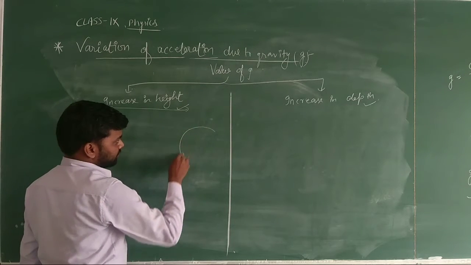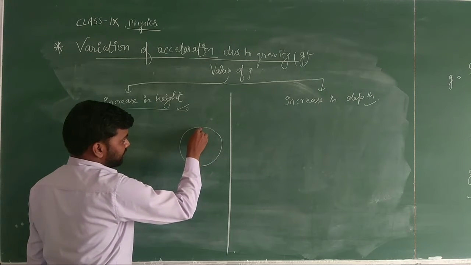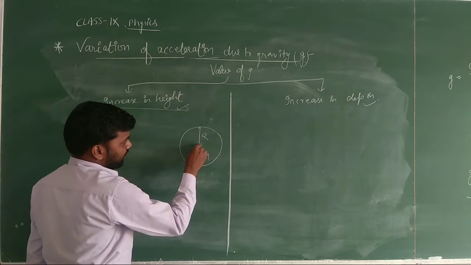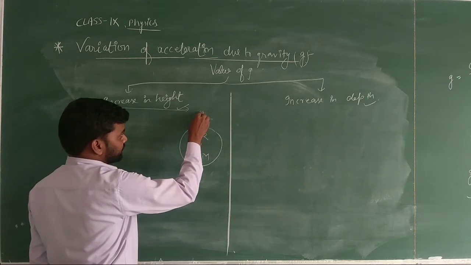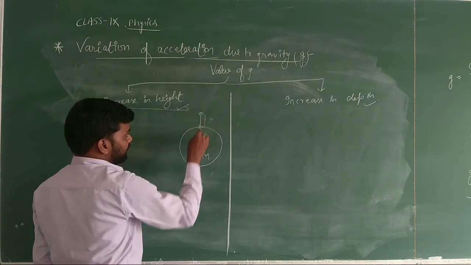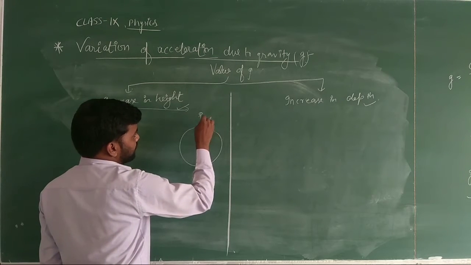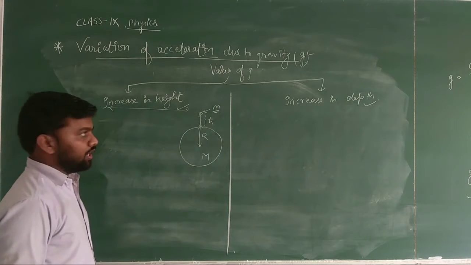So this is our earth and this is the radius of the earth, which we take as r, and the mass of the earth is capital M. If we travel a certain height upward, suppose here is an object lying at a certain height h from the surface of the earth, and the mass of the object is small m.